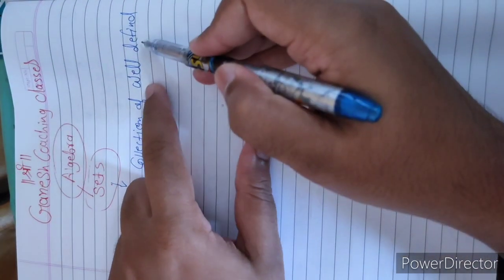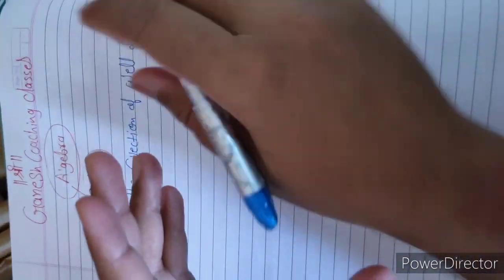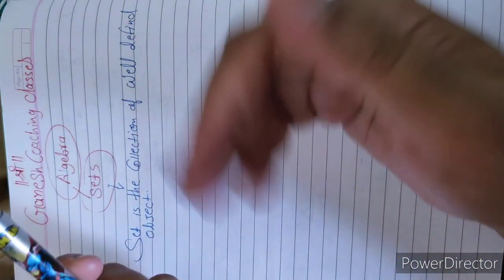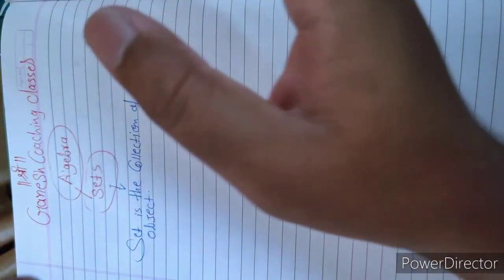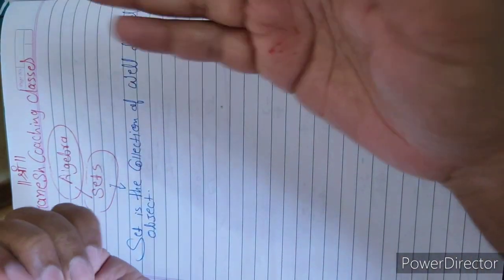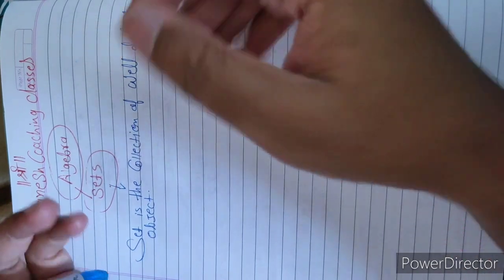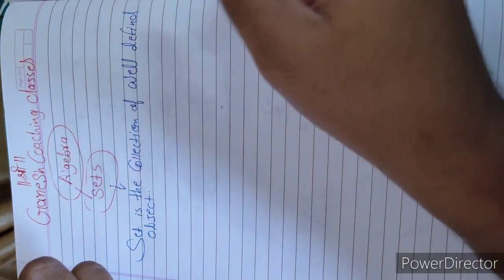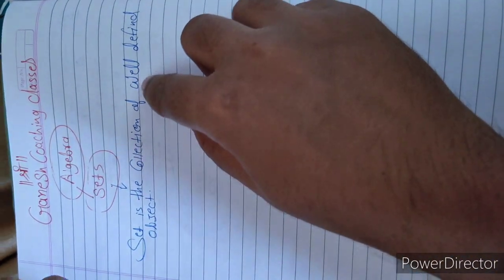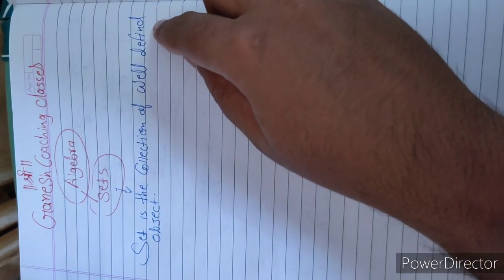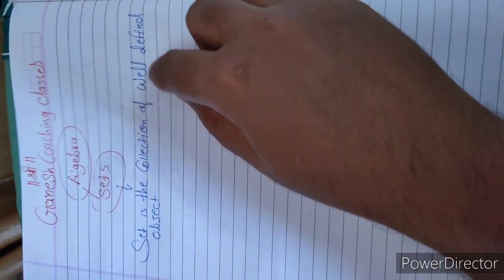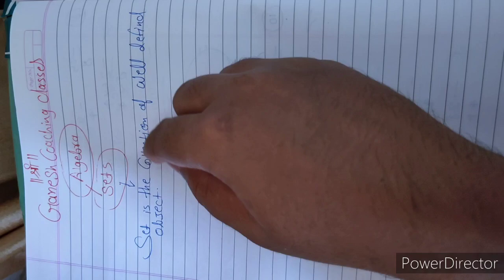Well defined means the objects which can be defined, which we can see, which we can measure. That thing is considered well defined. The collection of those well defined objects we call a set.